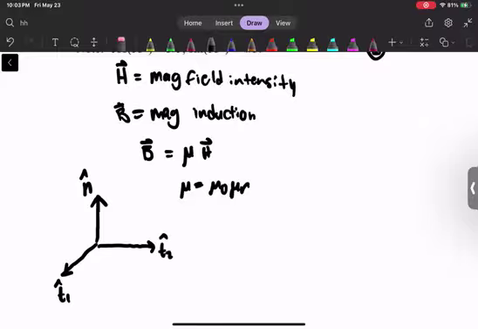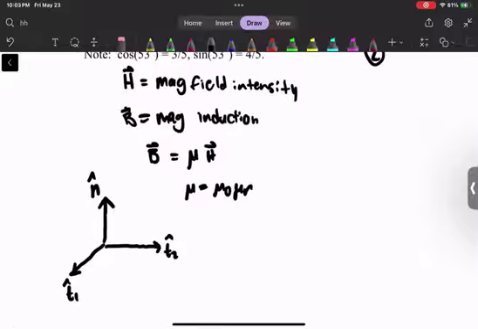This is true for all 3D objects, and we're going to use this to find the two tangential components and the normal component. And using the relationships given, we're going to find H2.